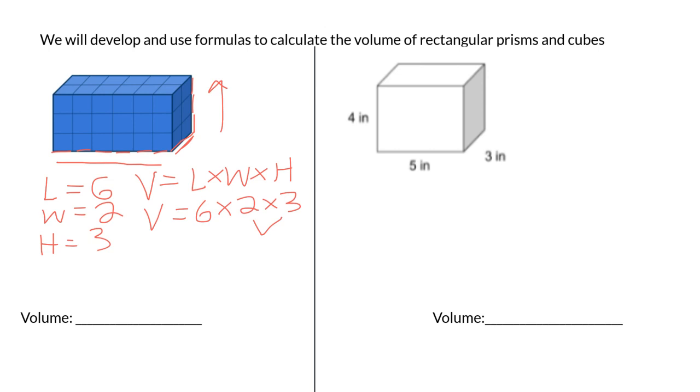I'm going to multiply 2 times 3, which is my width times my height. 2 times 3 is 6. And I'm going to bring down everything else I haven't done. 6 times 6 is going to give me how many unit cubes, or the volume, that are in this figure. 6 times 6 is 36. So our volume for this blue rectangular prism is 36 cubic units.